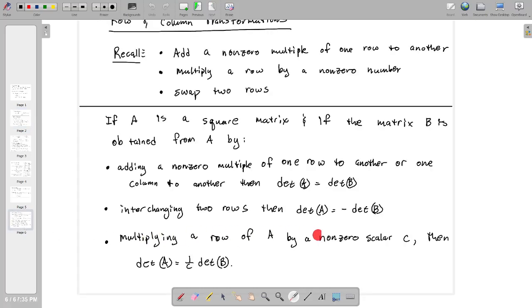And then multiplying a row by a non-zero scalar C, this one should make sense.